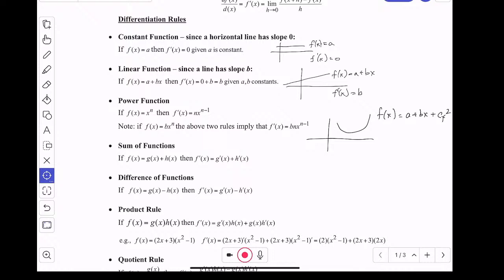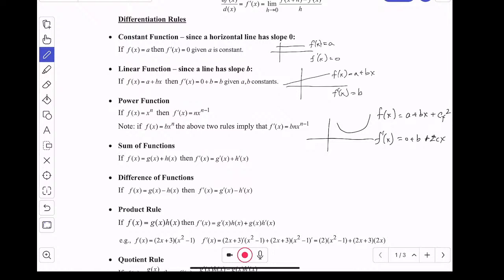And at every point along this, the slope increases. So the derivative of this actually turns into a line. The A becomes 0, the B becomes B, plus this becomes 2cx.